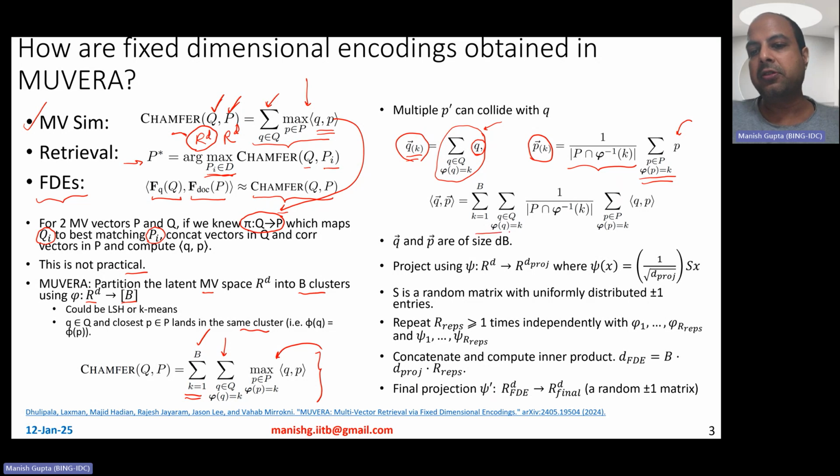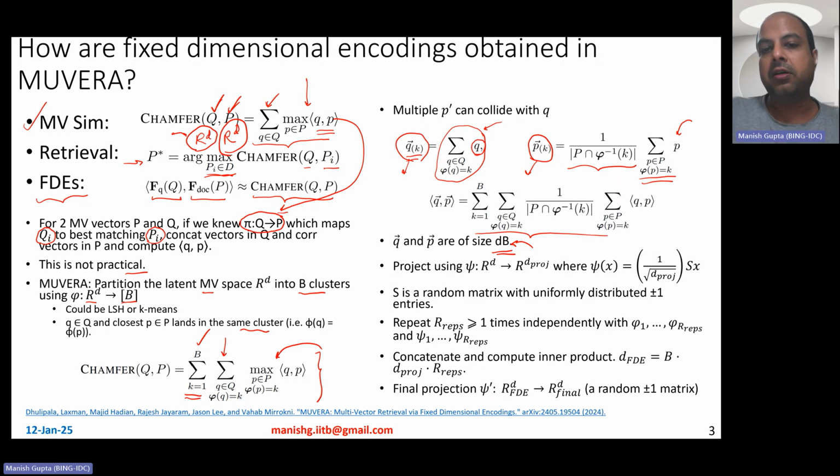If you take these Q_Ks and these P_Ks, and concatenate them across all the buckets, that gives you a vector of size dB. What is D? D is the dimensionality of the original space, and B is the number of buckets.